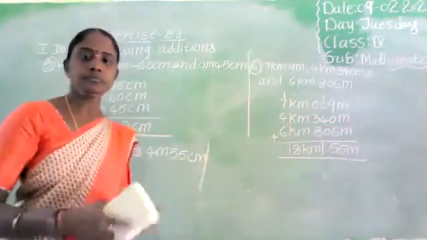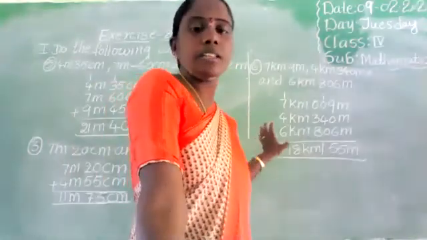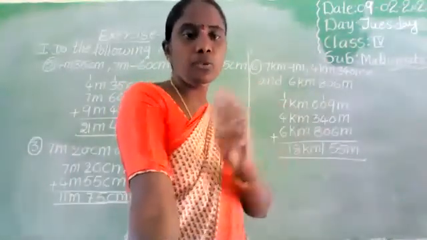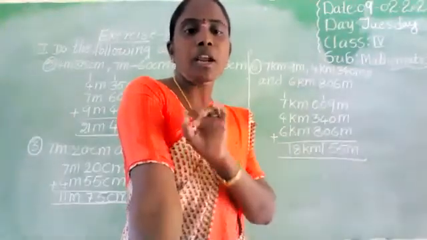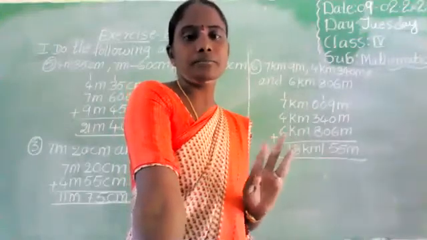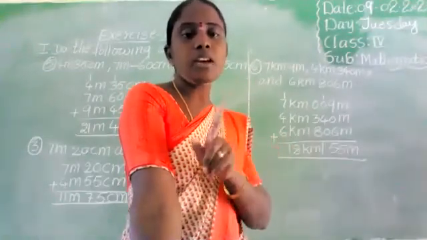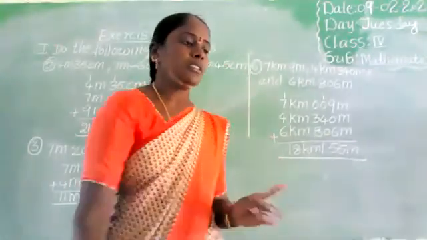Okay. Next, in this exercise 10 problems are there. I explained 6 problems. The remaining 4 problems are homework for you. Try them on your own, complete them in your rough notebook and send me a pic. Everyone, you must complete the homework I am giving. Did you understand, children?